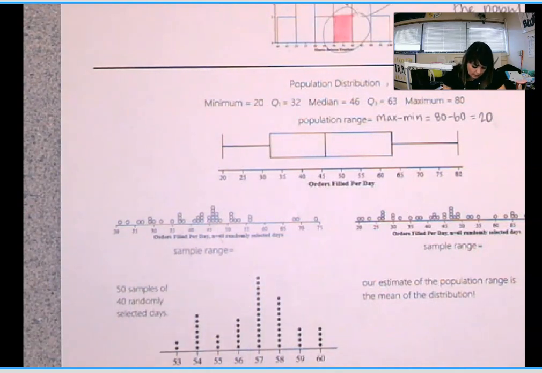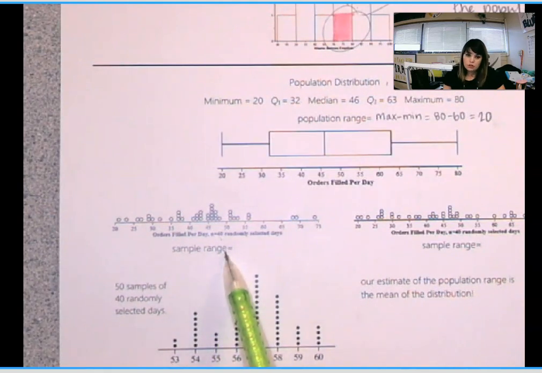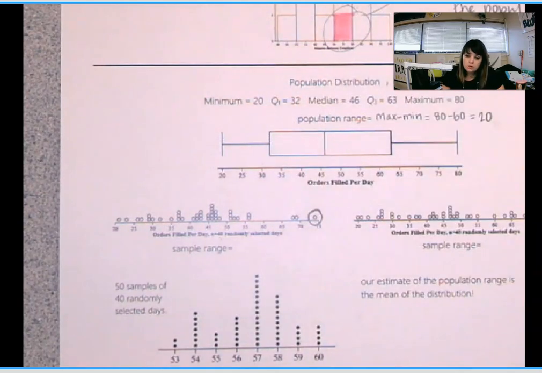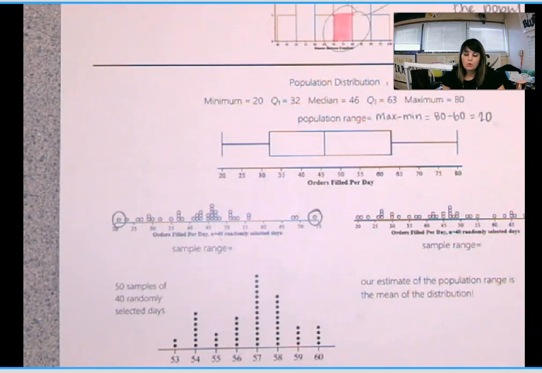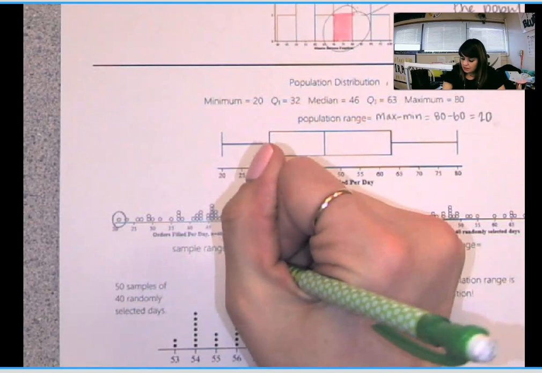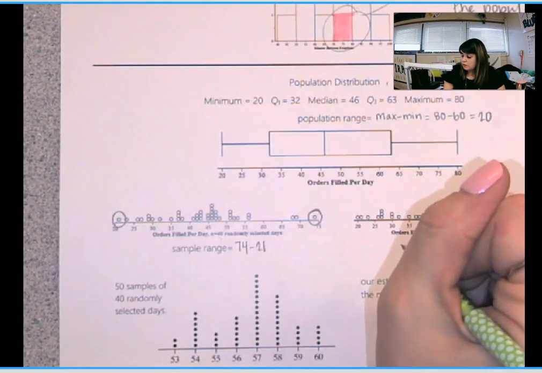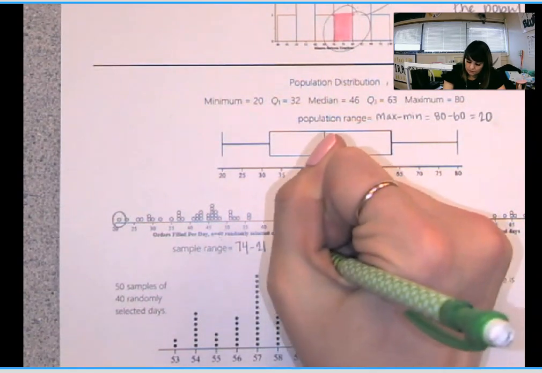But what we care about in our samples is the sample range. So that's our maximum number of orders in the 40 days, subtract our minimum orders in the 40 days. So our max is 74 and our min is 21. So this gives us a range of 53.